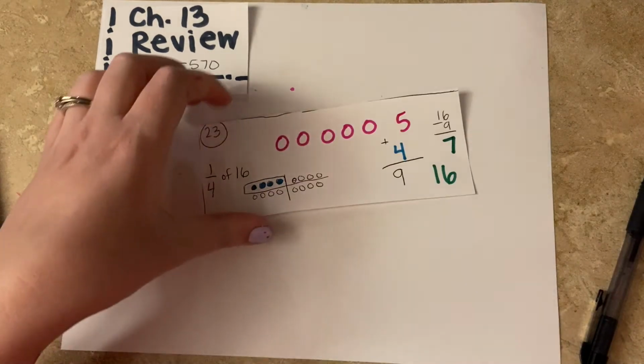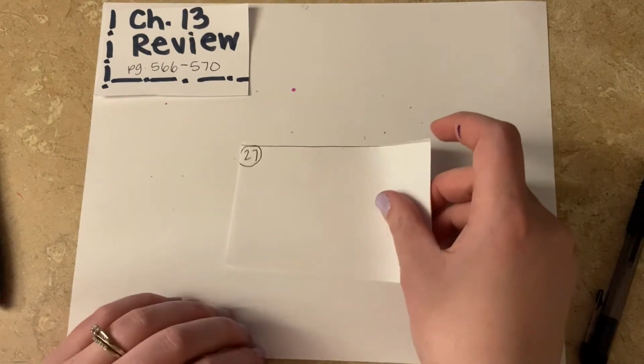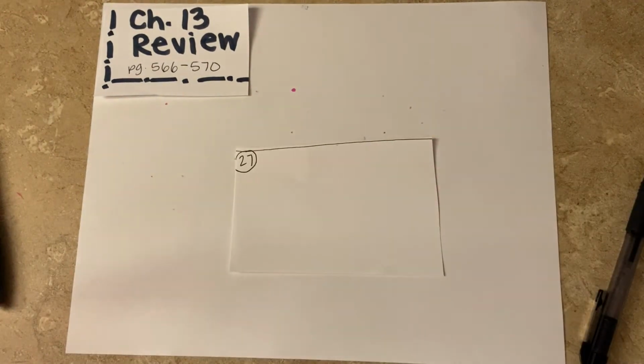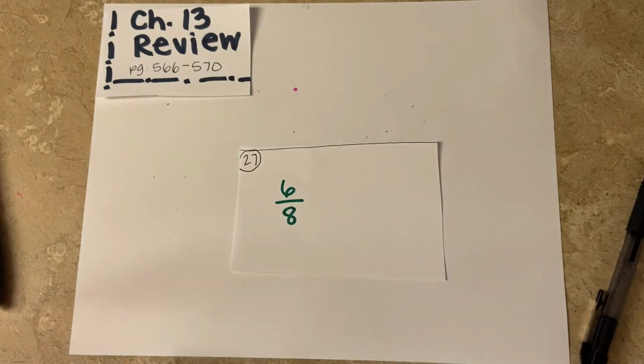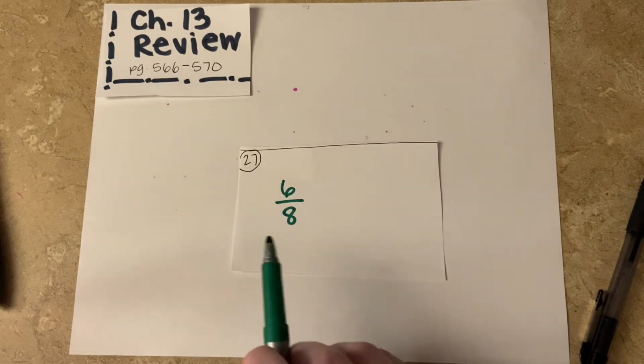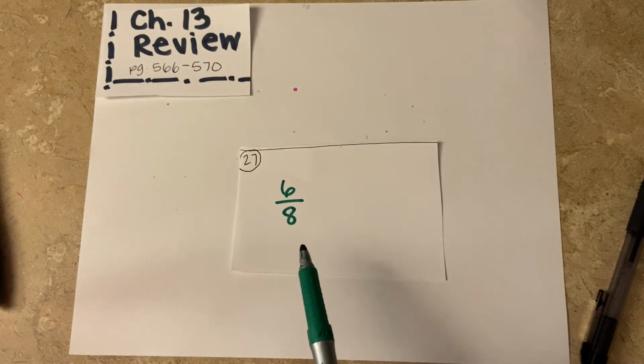Okay? All right. Now we're going to look at number 27. Okay? And this is now on page 569. And it says, write an equivalent fraction for 6/8. Okay, so an equivalent fraction, if you remember from lesson 13:4, is a fraction that is equal to 6/8, but it has a different numerator and a different denominator.